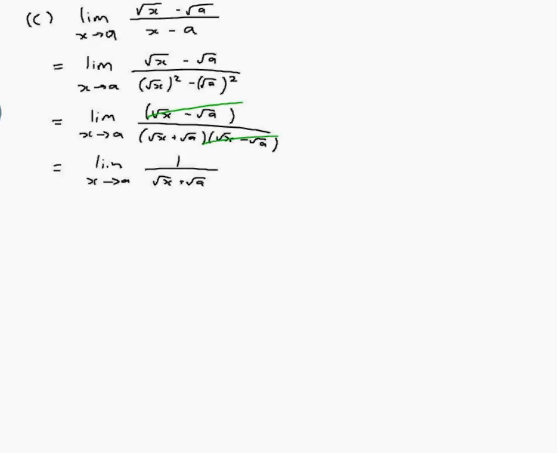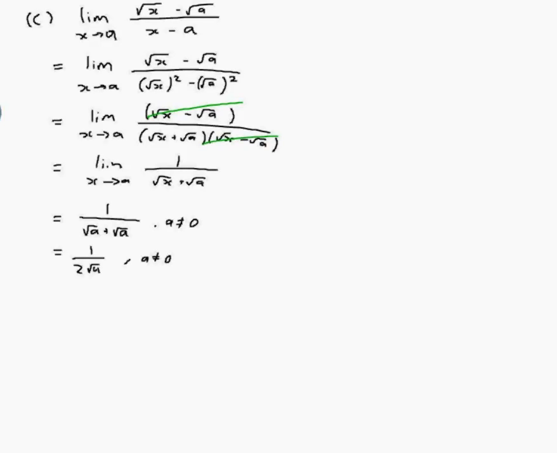Because what I've done is I've cancelled the root x minus root a on the top and on the bottom. And now the limit of the top is 1 and the limit of the bottom is not 0, so I can just sub it in. So I get this being equal to 1 over root a plus root a, which is 1 on 2 root a. Now looking at my answer, this isn't going to work if a is 0, so a is not equal to 0, and I should put an a is not equal to 0 here.